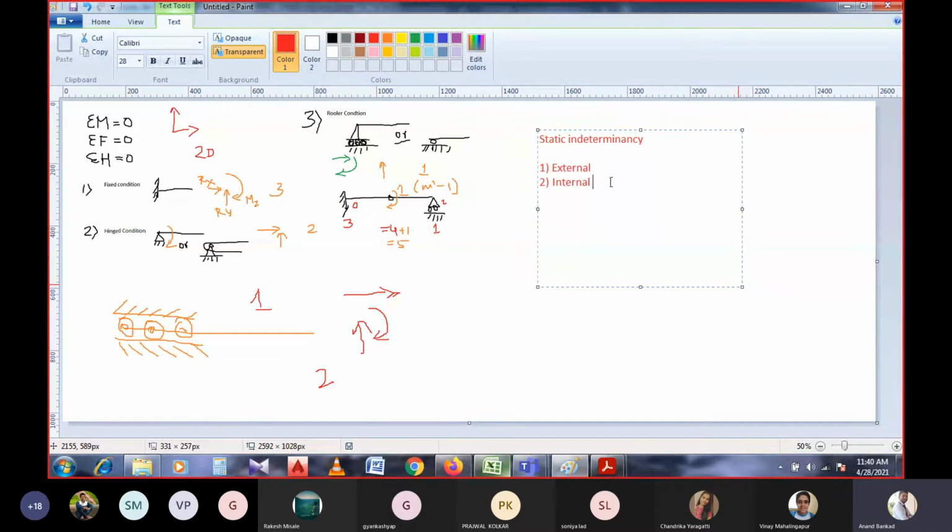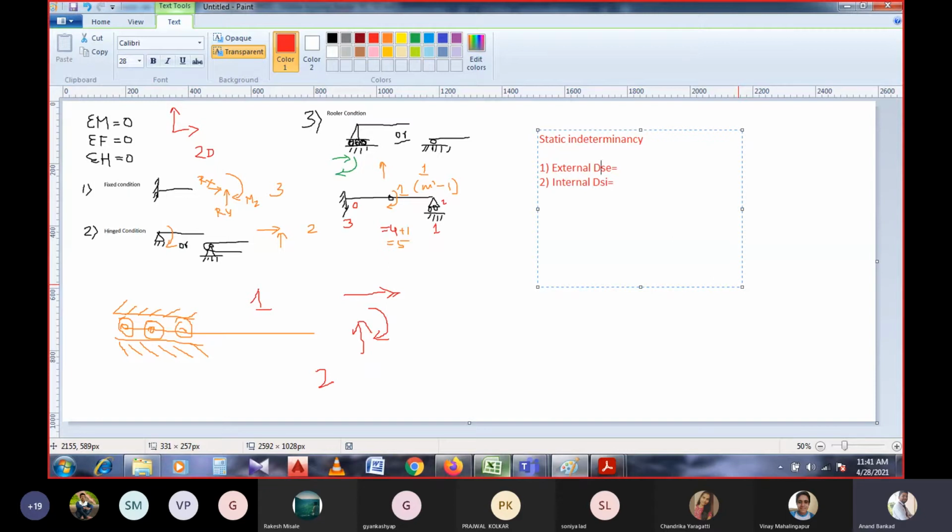When you calculate the external indeterminacies, I will denote that with Ds. So Ds is nothing but the degree of static indeterminacy externally, right? And the degree of static indeterminacy internally, right? Is the nomenclature clear?